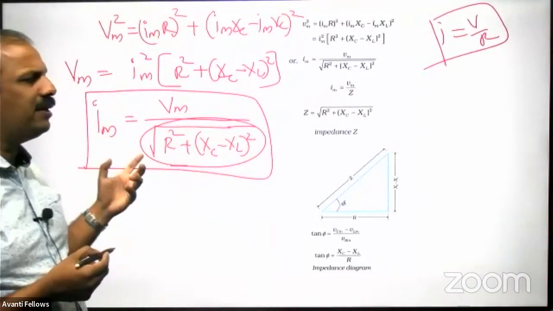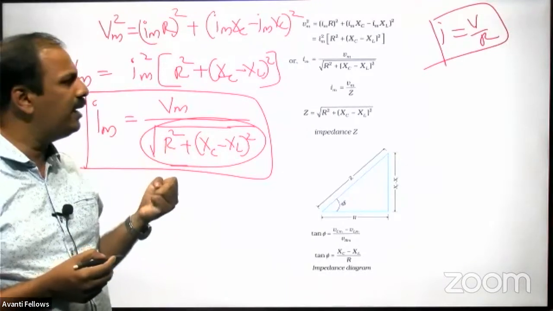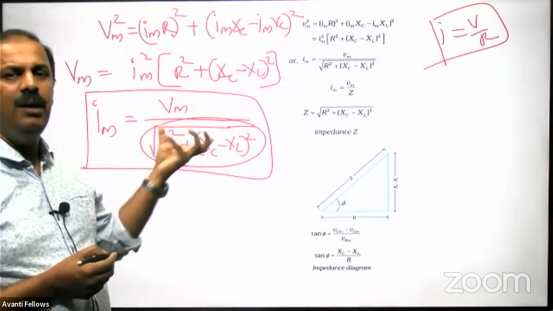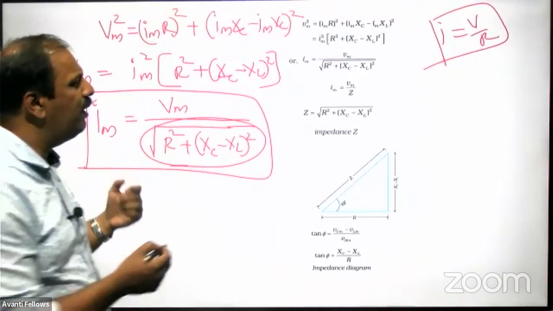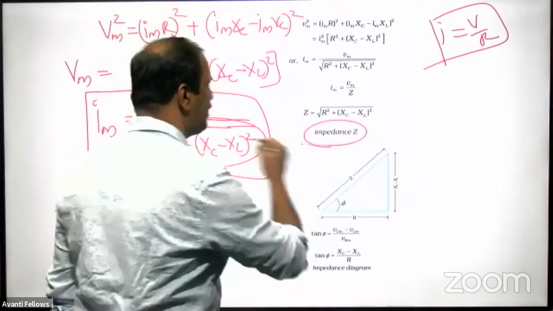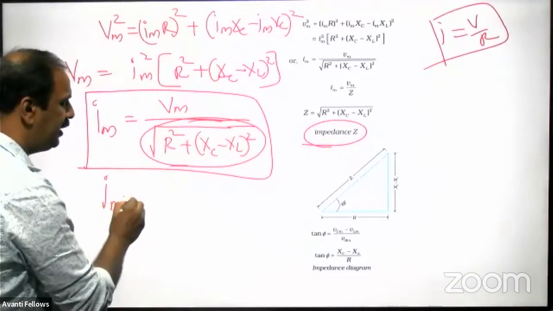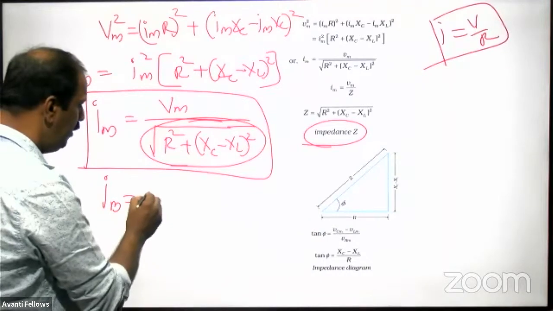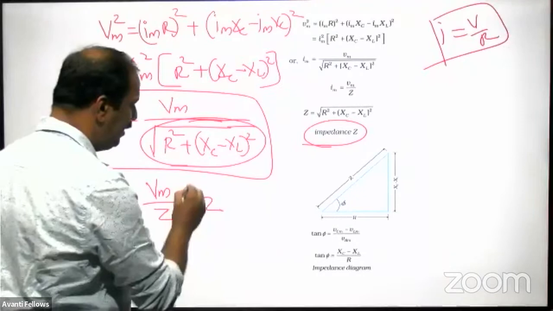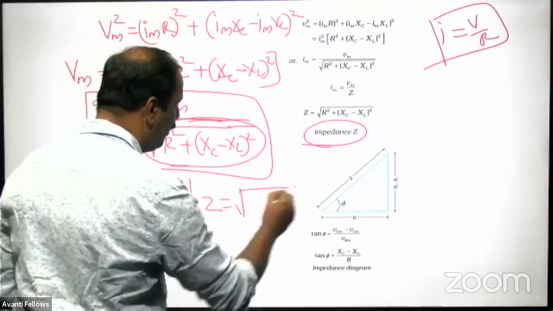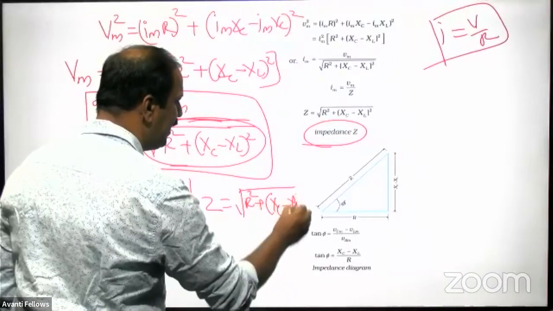Just in the case of inductor and capacitor, here we had this XC, XL and all. That we called as reactance. Here we don't have the word reactance. Here we have another word that is called impedance. So this value, we will write as IM is equal to VM divided by Z, where this Z is equal to root of R square plus XC minus XL square.